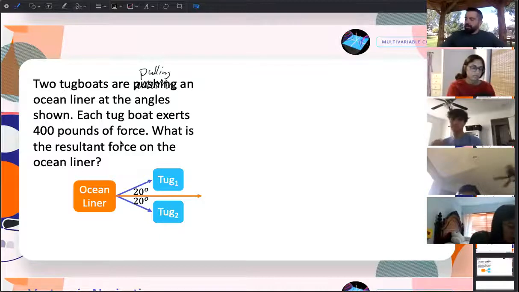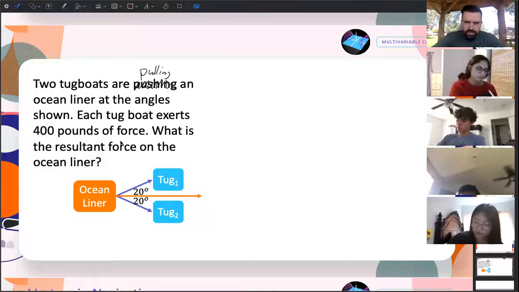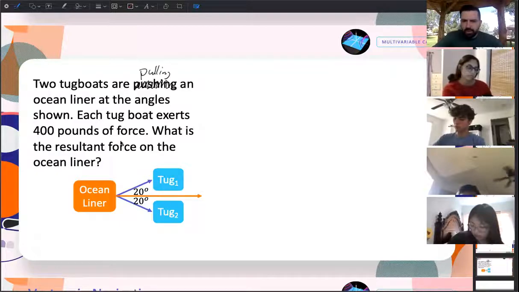All right, so say we have these 2 boats. They're pulling a larger boat, the ocean liner. And we want to know what's the resultant force on the ocean liner if the tugboats are both pulling 400 pounds of force at this angle. A simplistic answer would say 800 pounds. If they're both pulling 400 pounds, then there's 800 pounds.